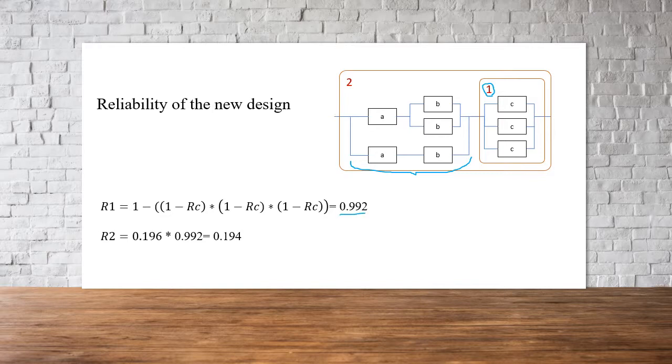So you can see that the reliability is quite high. And if we calculate the reliability of the whole system, we see that it doesn't really change the reliability, and it stays the same. So it's a good design because it doesn't affect our previous reliability.